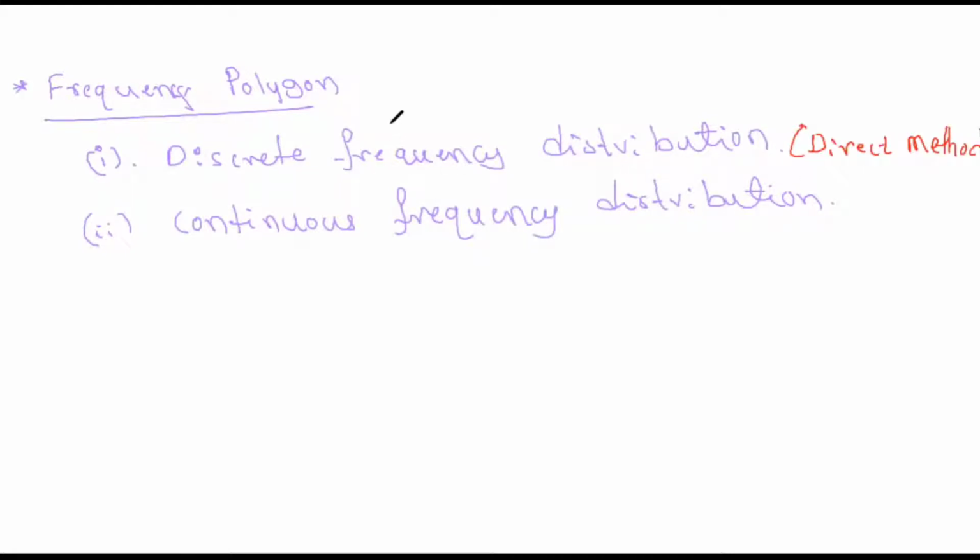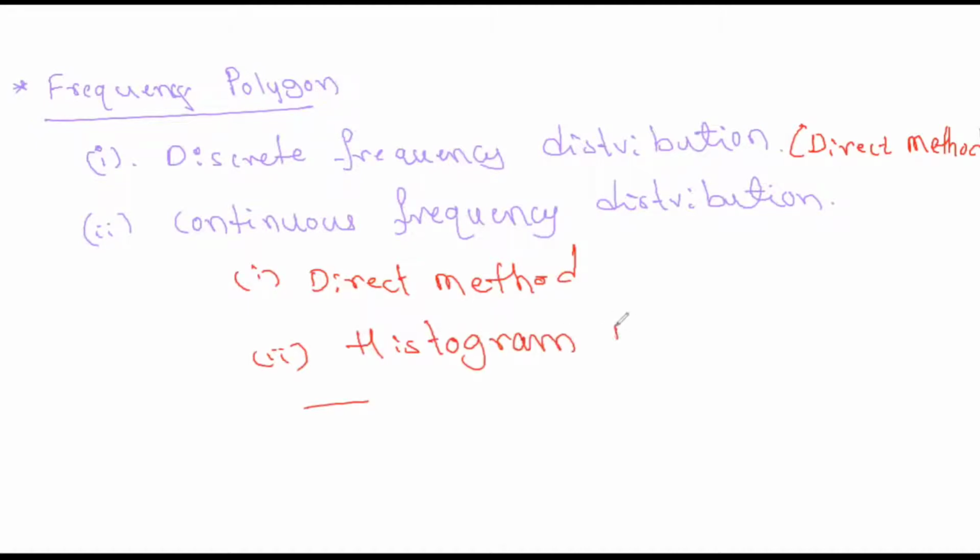Whereas in continuous frequency distribution, we are using two types of methods: the first one, direct method obviously, and the second one, histogram method.